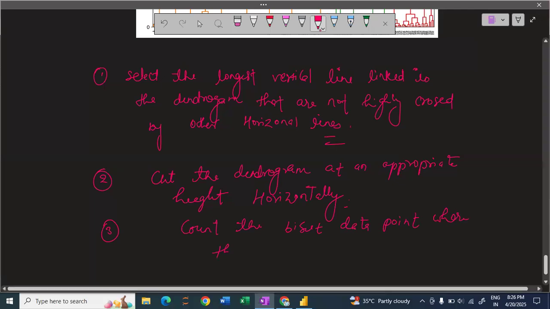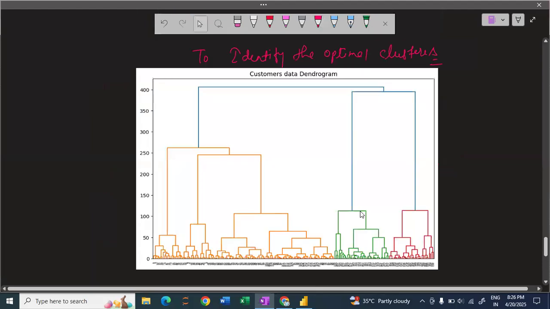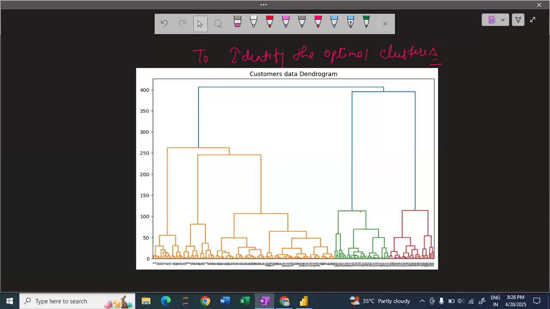Now let me explain it. Now just find out which one is the longest line, which one is the longest vertical line.